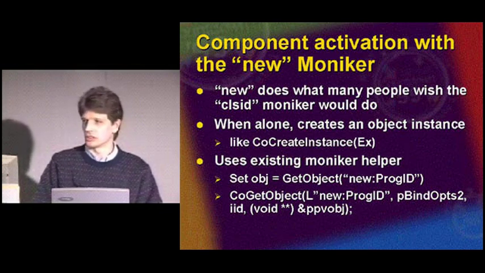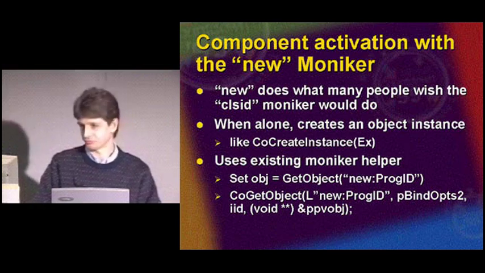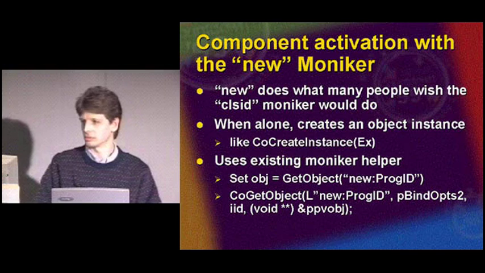Initially we have to figure out how to create a queued component. What we've built is two new monikers for component activation. The first one is the new moniker, which accepts either a prog ID or a class ID and allows you to instantiate or activate a component. When used on its own, it's just like using CoCreateInstance.